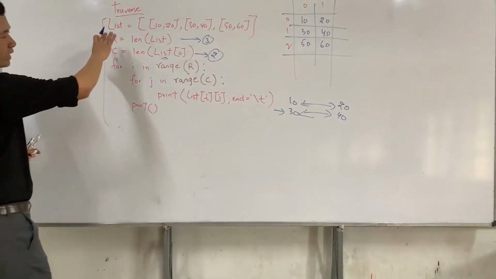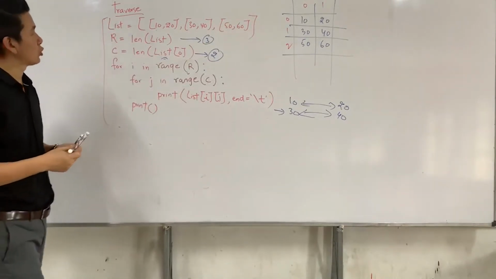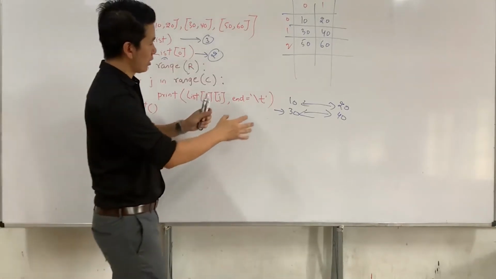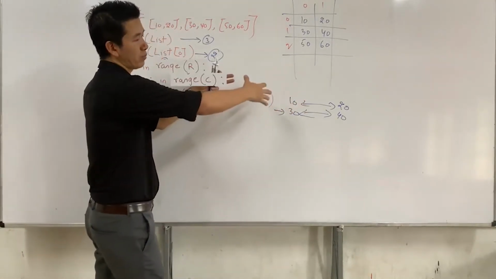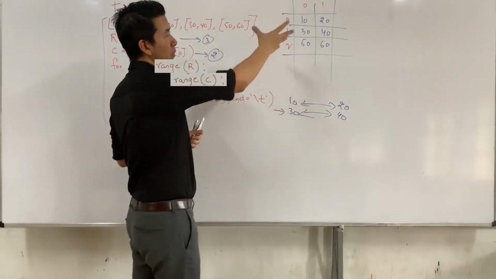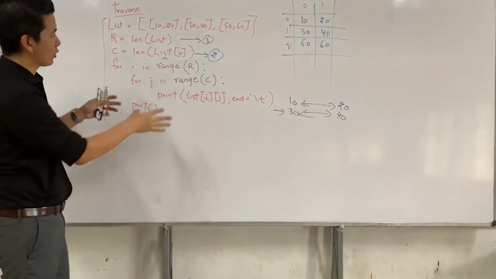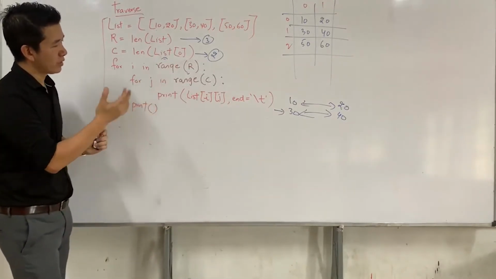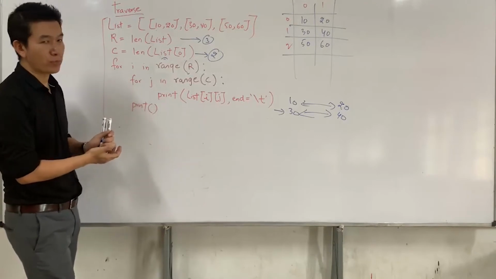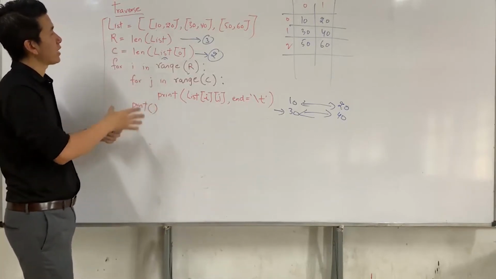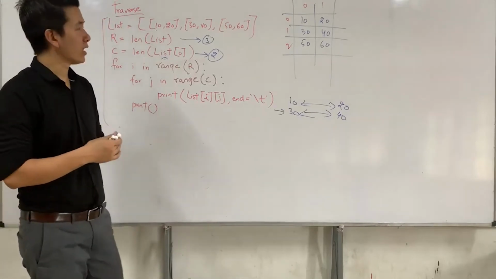So this is again a simple program that will help us to traverse a 2D list. Perhaps you could make the output look a little better, closer to how the matrix looks, but then you have to put in a lot of formatting statements like the print, the tab, the spaces, and the braces. But this is the crux of how to traverse a 2D list.